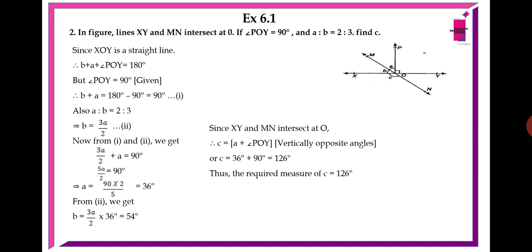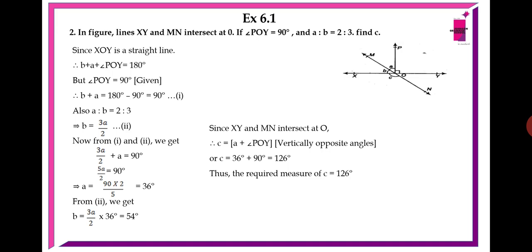Then b equals 3a by 2. That is the second equation. If you simplify a:b equals 2:3, you get b equals 3a by 2. Now from 1 and 2 we get 3a by 2 plus a equals 90 degrees. If you simplify, you get 5a by 2 equals 90.